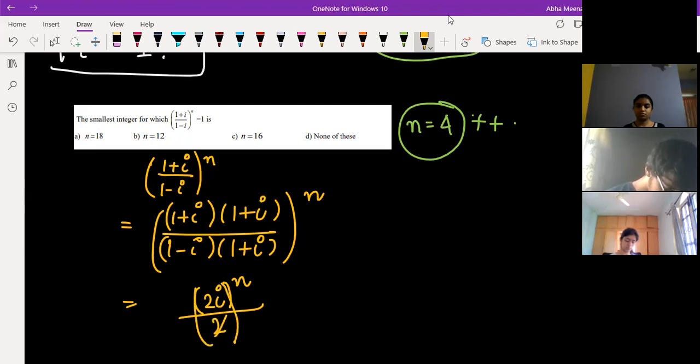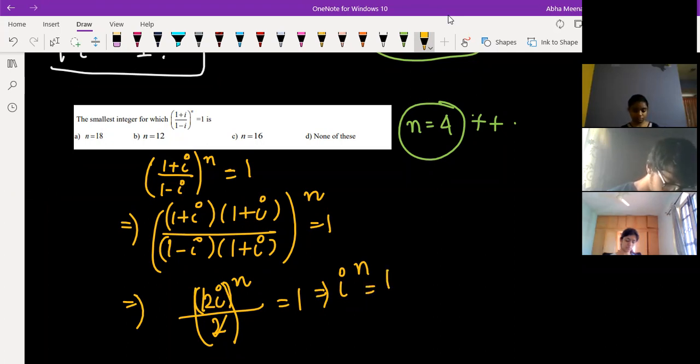This is i to the power n equals 1. This part equals 1 is given. So this implies i to the power n equals 1. And what is the smallest integer such that i to the power n equals 1? 4. i to the power 4.